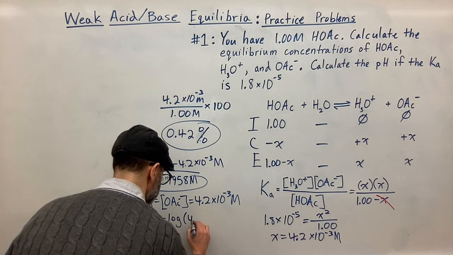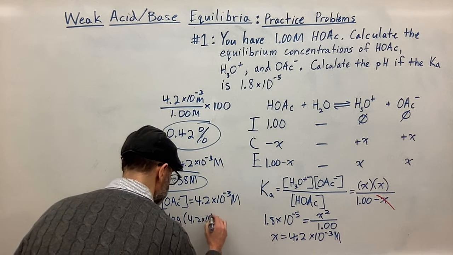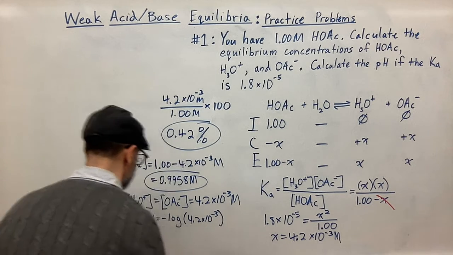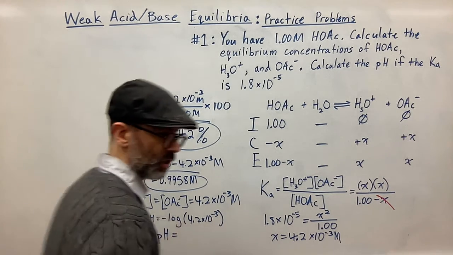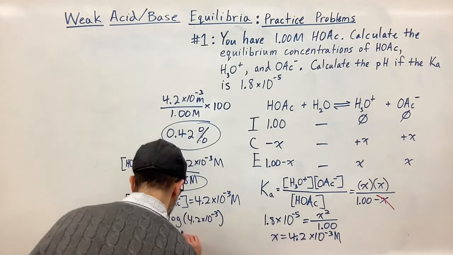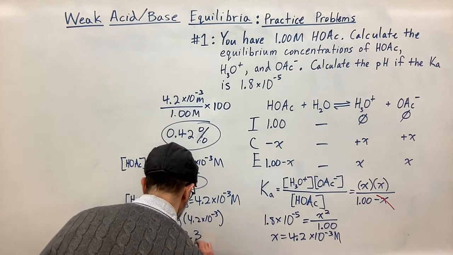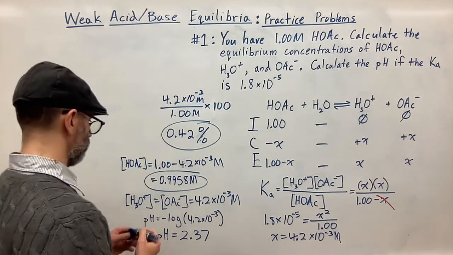So pH is equal to the negative log of this H plus concentration, 4.2 times 10 to the negative 3. And so therefore pH is going to be equal to 2.37.